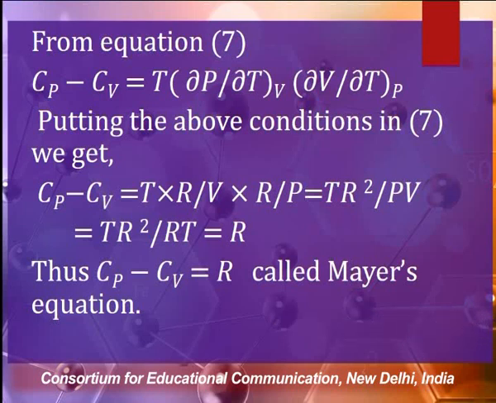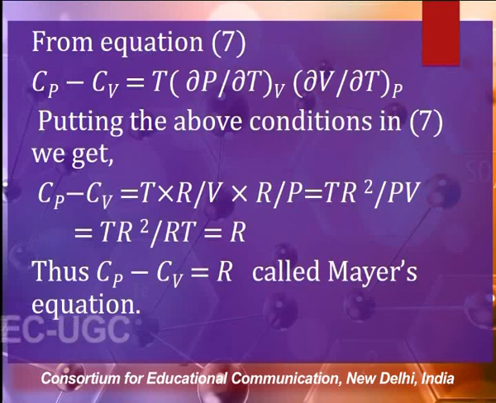If we substitute the above conditions in equation 7, we get Cp minus Cv is equal to T into R by V into R by P. Just simplifying this equation, we get R squared T by PV. PV is nothing but RT, so we get R squared T by RT, or simply R.